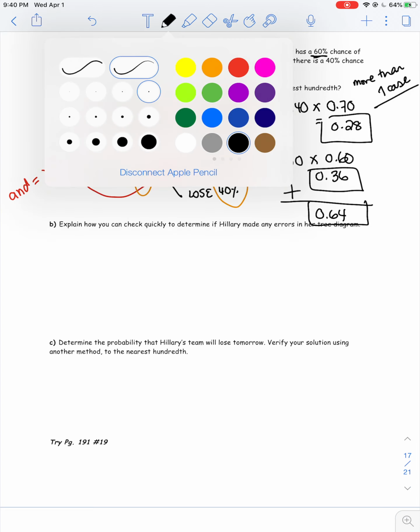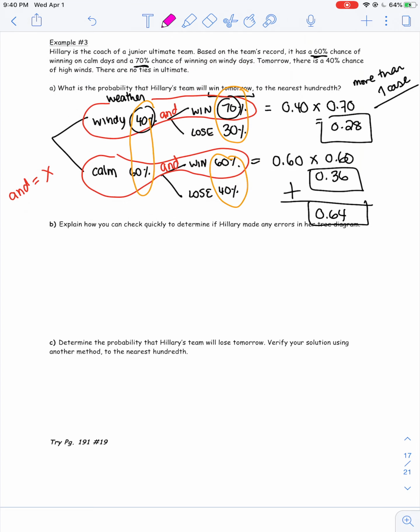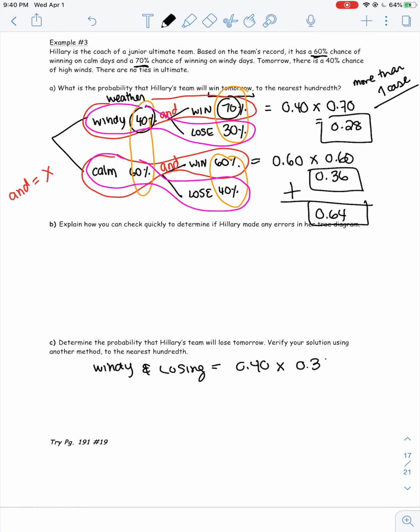So I'm going to go back to my chart here and I'm going to highlight losing. So losing would be on a windy day, I can lose, and on a calm day, I can lose. Okay, so I'm going to do the same thing I did above, but for losing. Windy and losing would be taking 0.40 and multiplying it with losing, which is 0.30.